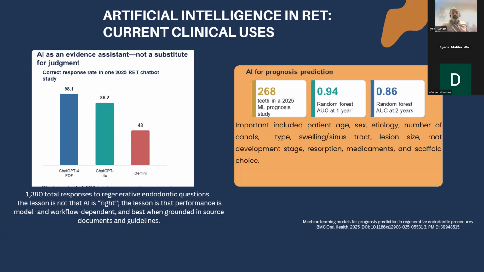So I have attached the paper over here. This was a paper about machine learning models for prognosis prediction in regenerative endodontics. This was published in BMC Oral Health. Again, there was another paper, I think, on evaluation of different artificial intelligence applications in responding to regenerative endodontic procedures.